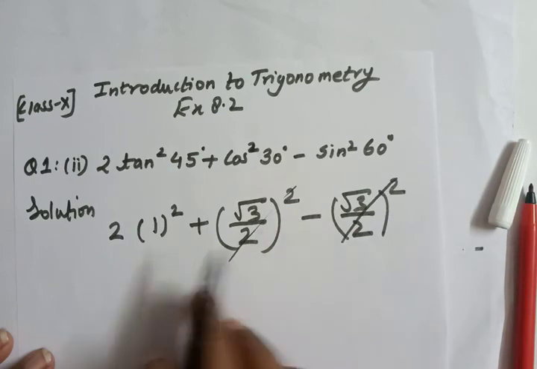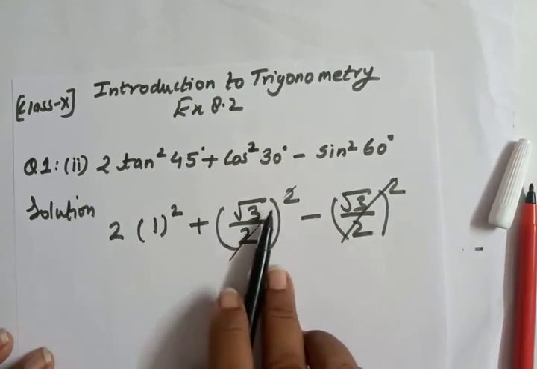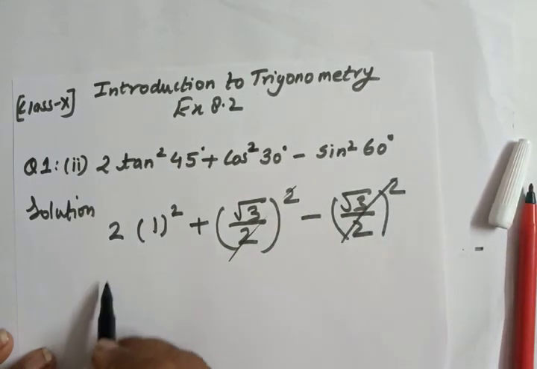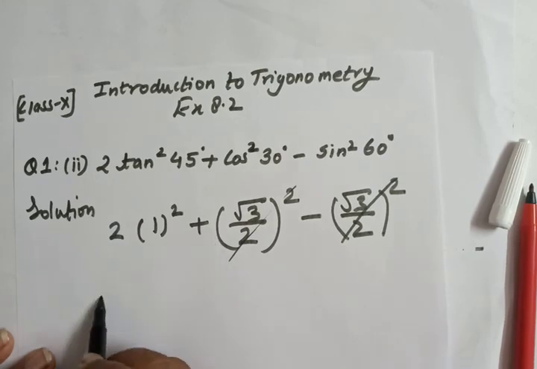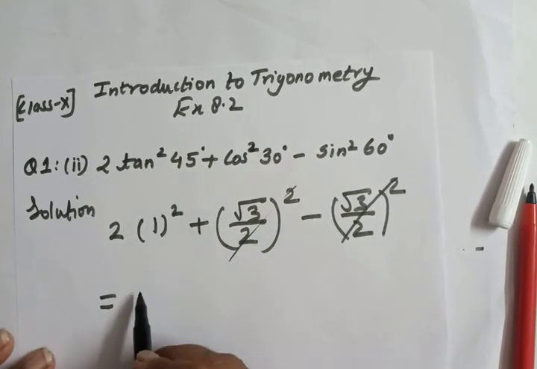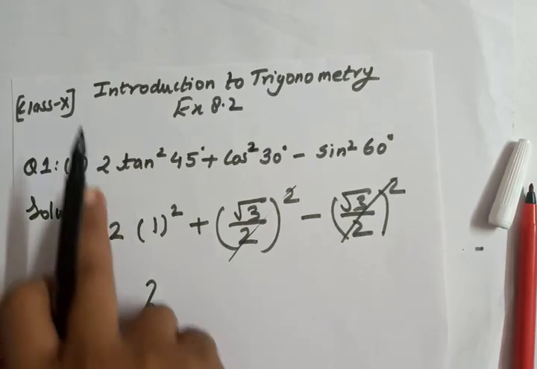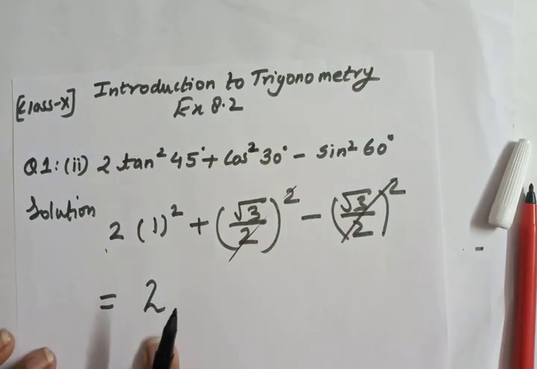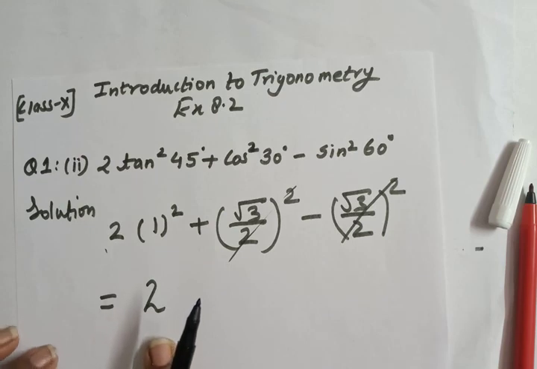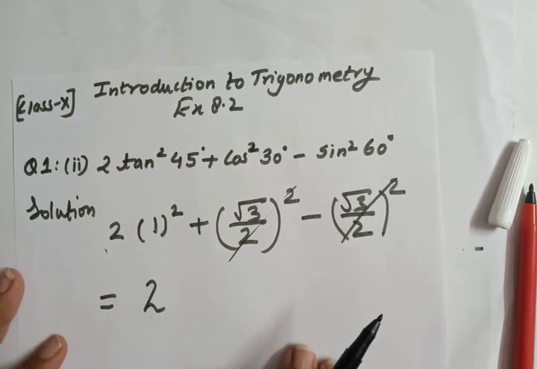I am directly cancelling out. We need not take the square, because whatever square comes will also cancel out. You students are in class 10th, you can understand. What will be the answer? That is 2. 2 ones are 2. Hence the answer of this one is 2. Easy. I hope it is clear. All the concepts are clear. Thank you.